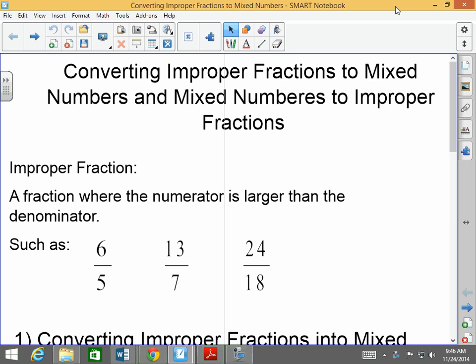Morrow's intensive math class. Today we're going to be talking about conversions between improper fractions and mixed numbers, and mixed numbers to improper fractions. This is an extremely important skill.